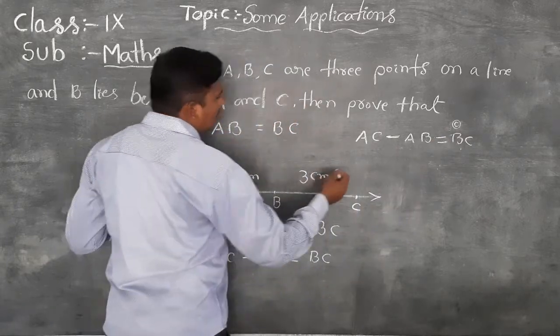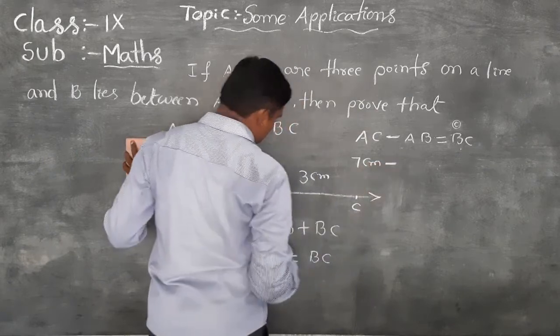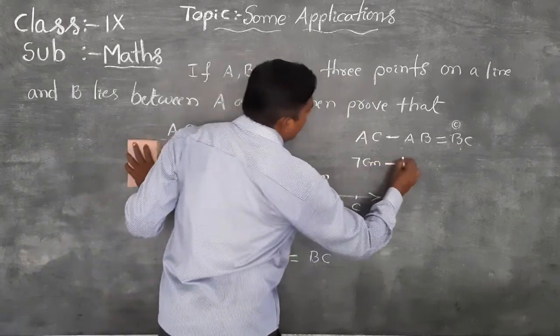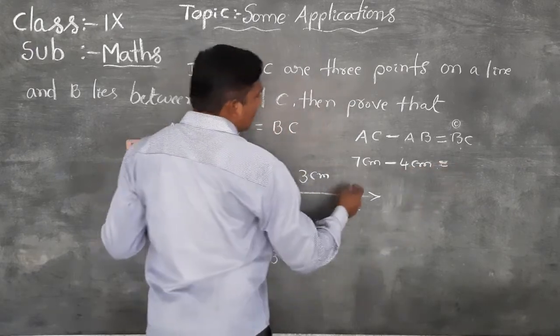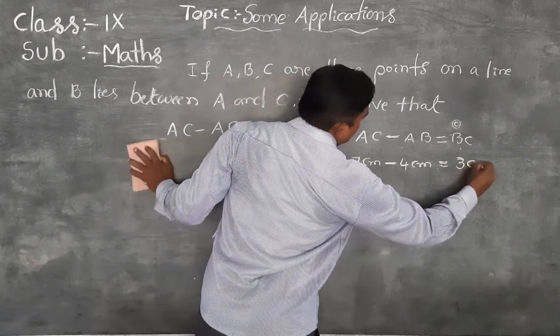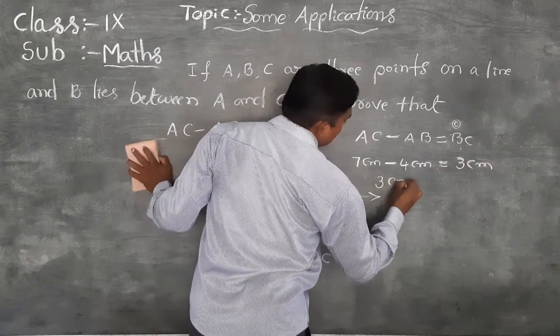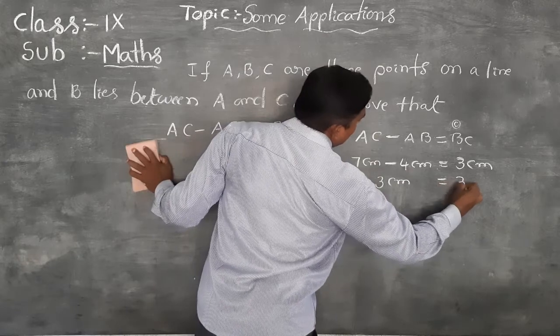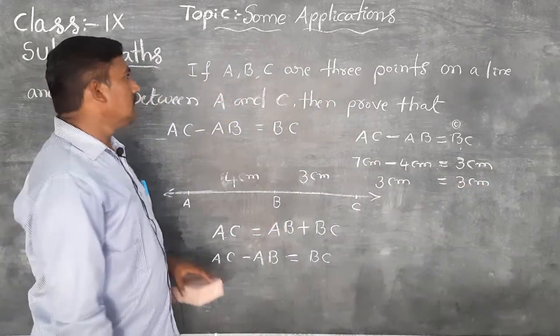Total value is 7 cm. 7 cm minus the AB value 4 cm is equal to BC, 3 centimeters. 7 minus 4 is 3 cm. 3 centimeters is equal to 3 centimeters.